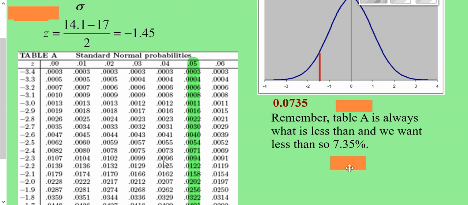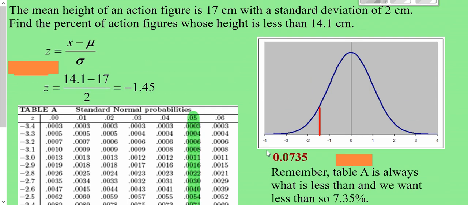If you wanted to change that to a percentage, you could say 7.35% of your data is here. If all your data is here, you could easily figure this out by subtracting that from 100 if you wanted. But we weren't looking for that because we were looking for what's less. And table A always tells you what's less. That's always to the left of this value in your tail.